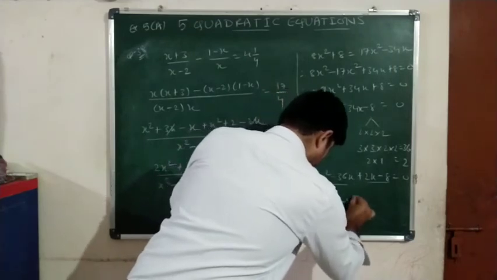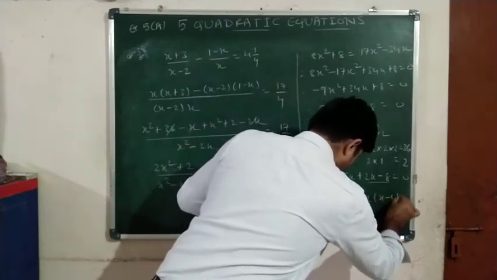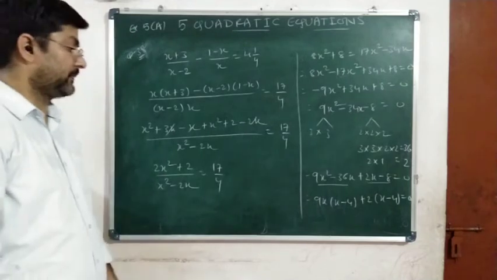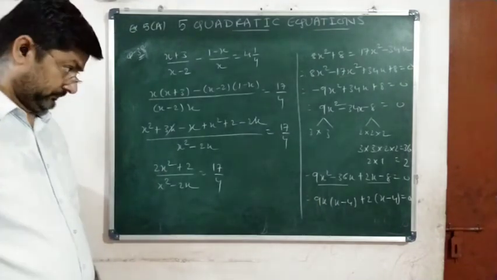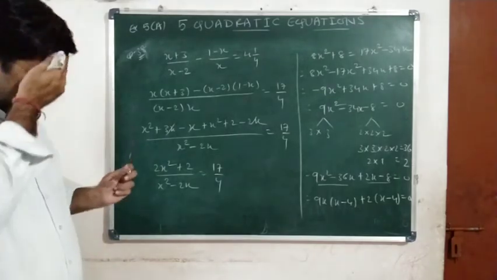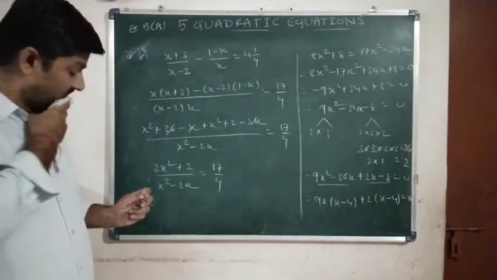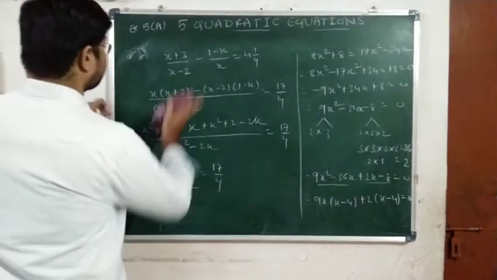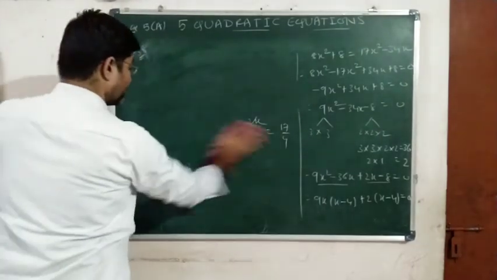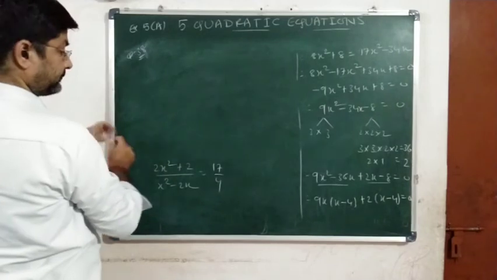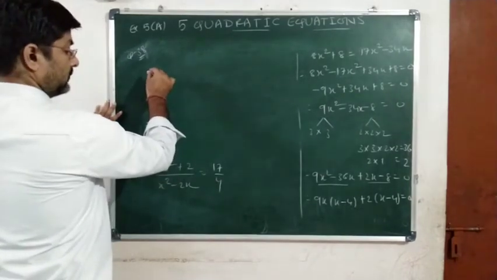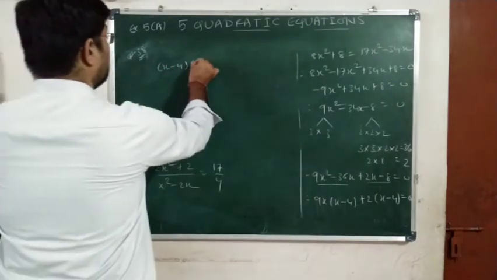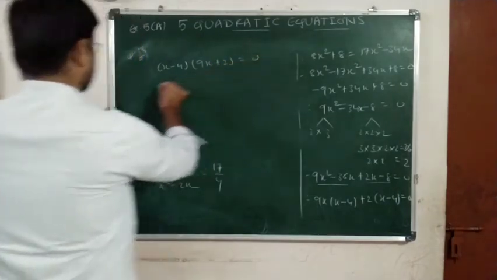9x common, x minus 4 plus 2 common, x minus 4 equals 0. Just go through all the steps. Okay, now x minus 4 into 9x plus 2 is equal to 0.